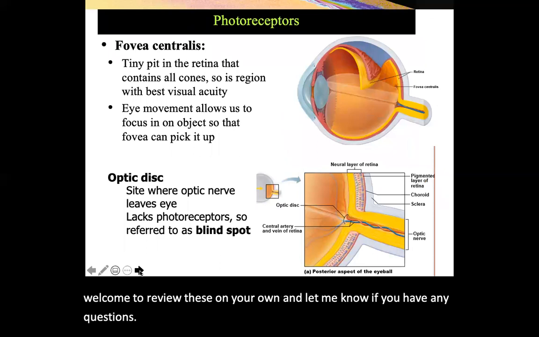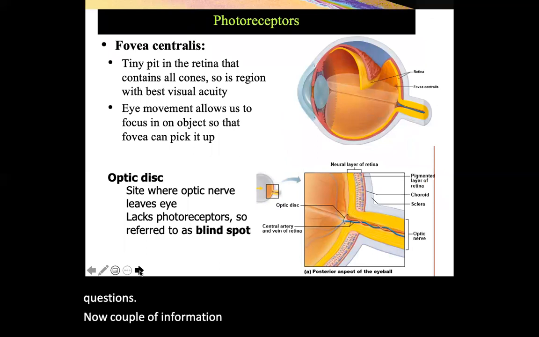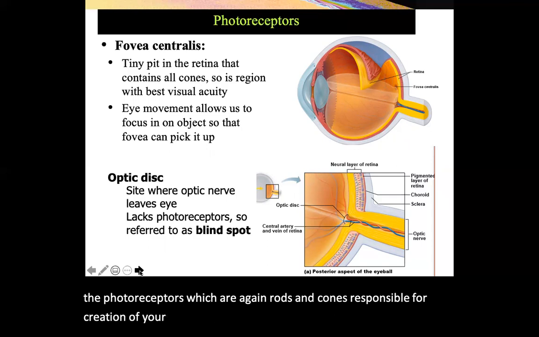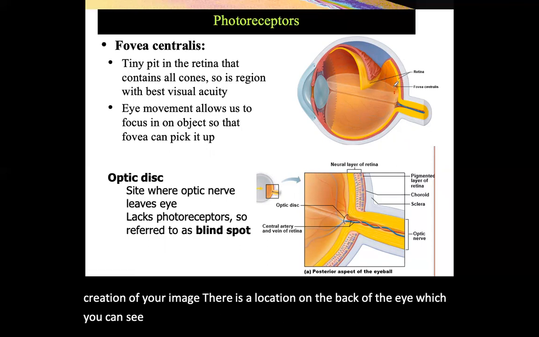Now, a couple of pieces of information about the retina. If you think about the photoreceptors, which are, again, rods and cones, responsible for the creation of your image, there is a location on the back of the eye, which you can see highlighted right here, called the fovea centralis.